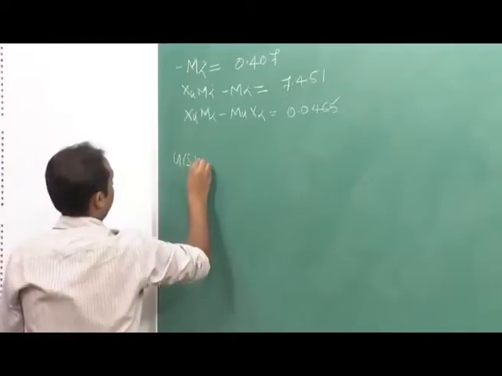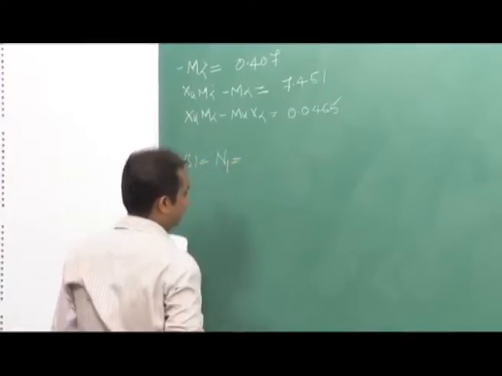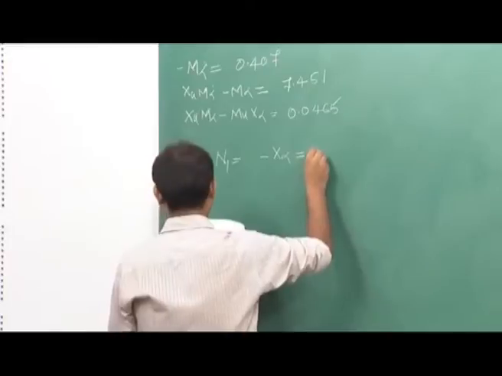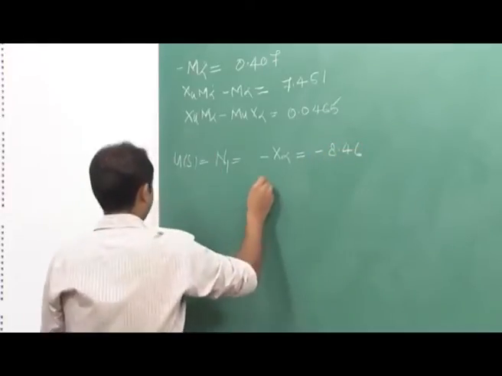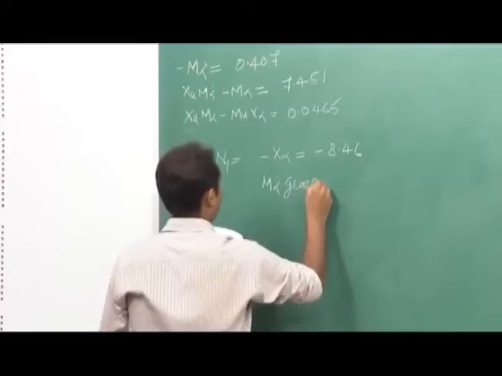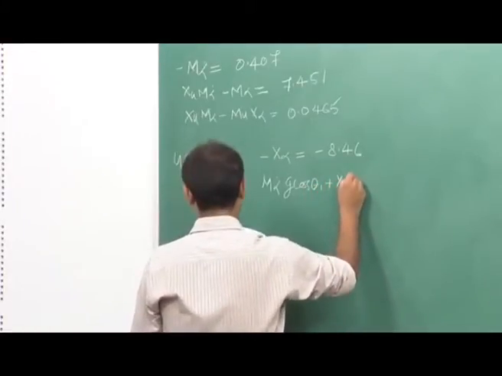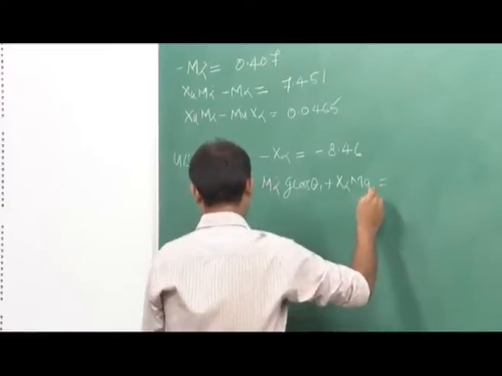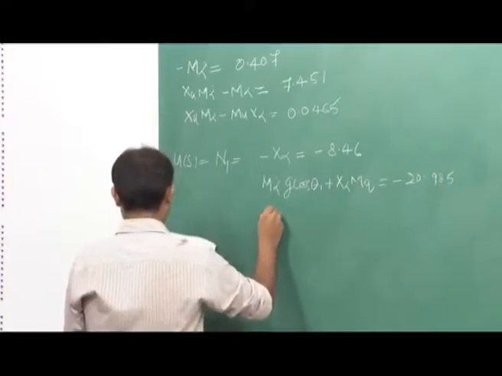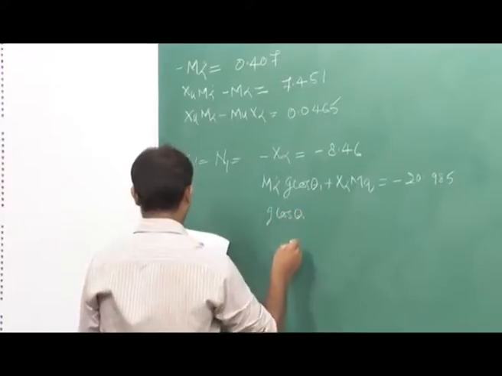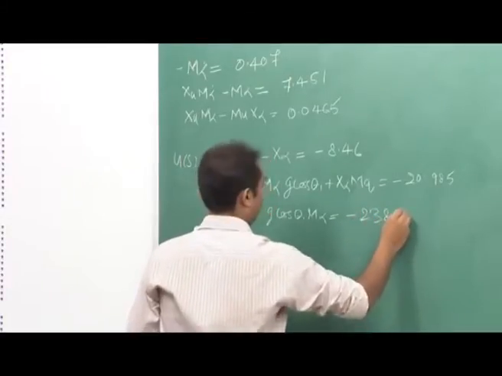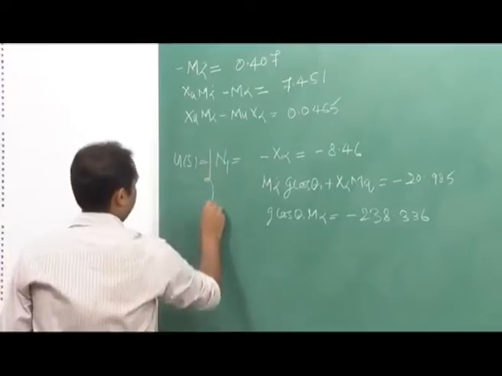For u of s numerator N1, the coefficients which we calculated will be: minus x alpha equals minus 8.46, m alpha dot g cos theta 1 plus x alpha mq equals minus 20.985, g cos theta 1 m alpha equals minus 238.336. These were for u of s.